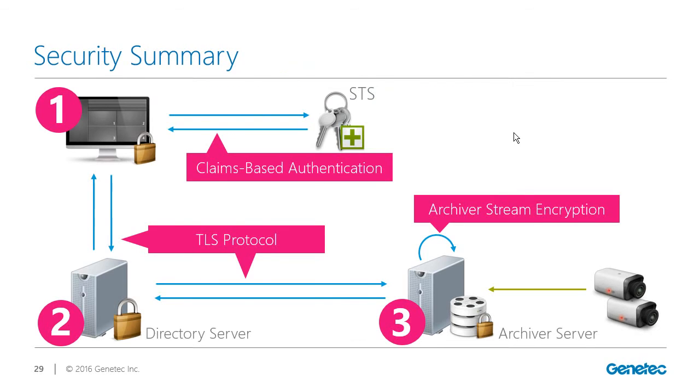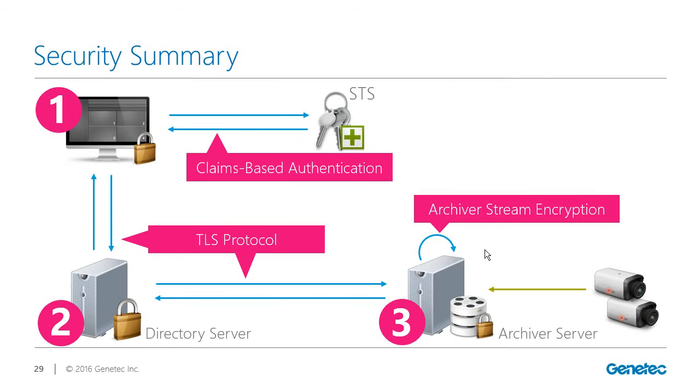Now just taking a general overall look at things, and the three main concepts that I just talked about. Here we can see our TLS protocol that's being used between servers, and it's also being used between clients. We can use our claim-based authentication, so we have our STS server out here, and that's being used by our client here for authentication.